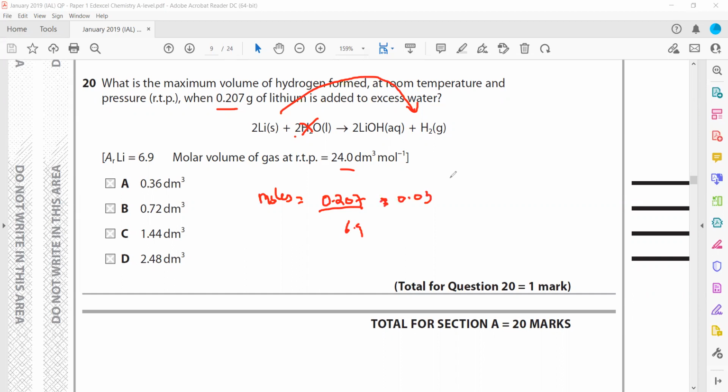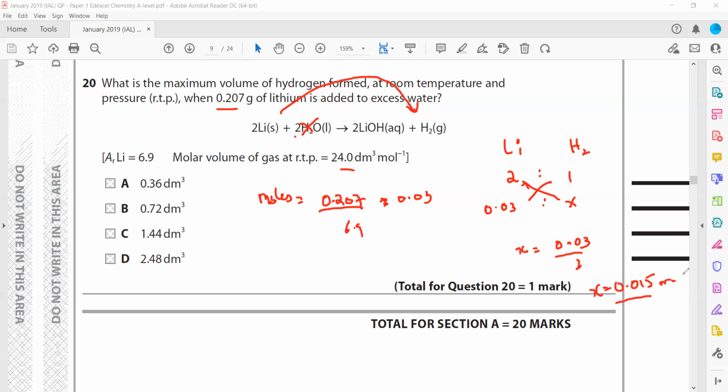This will give us the moles, but these are the moles of lithium. What is the ratio between lithium and hydrogen? The ratio is 2:1. So if we have 0.04 moles, how many moles of hydrogen will be there? X. Cross multiply, so it will be 0.04 divided by 2. So the moles of hydrogen will be 0.02.